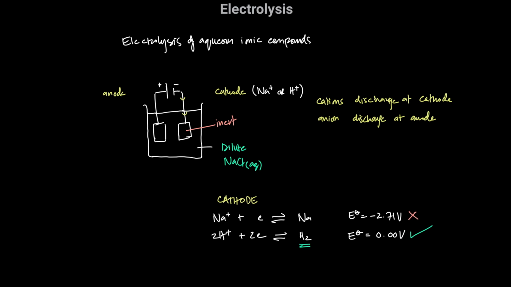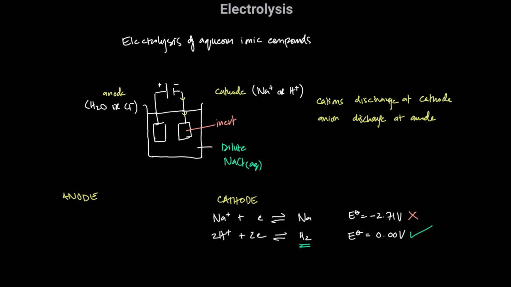Now for the anode, we're going to use the half equation for the discharge of oxygen gas from water. Instead of hydroxide being discharged, we're going to have H2O or chloride ions discharging at the anode.